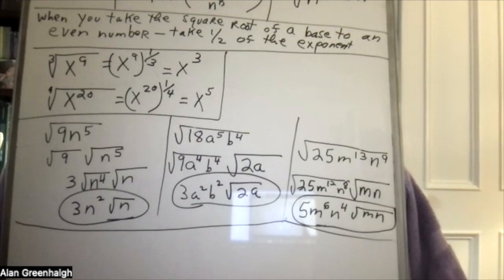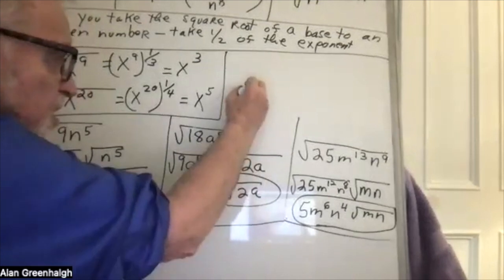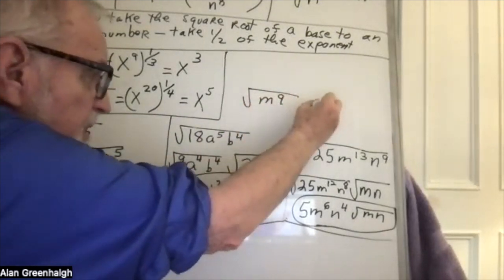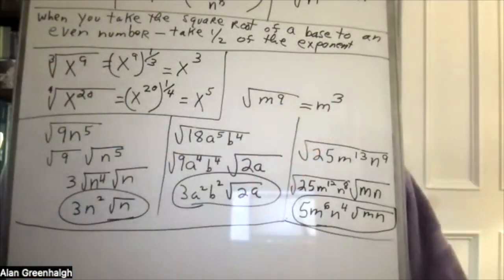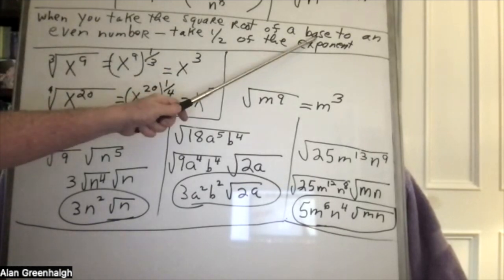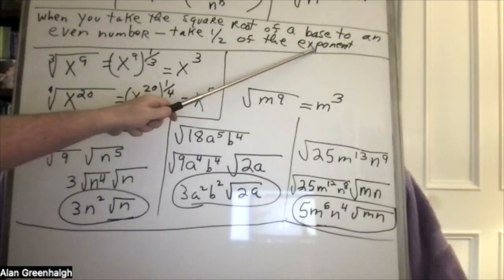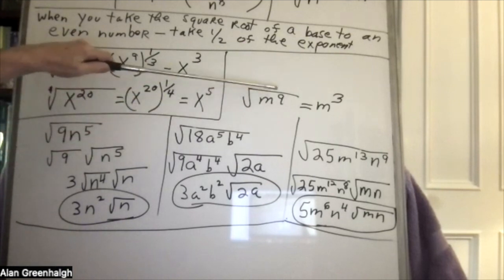No. In other words, what you said was the square root of m to the 9th is m to the 3rd. No good. Because we were told right here that when you take the square root of a base to an even number, take 1/2 of the exponent.